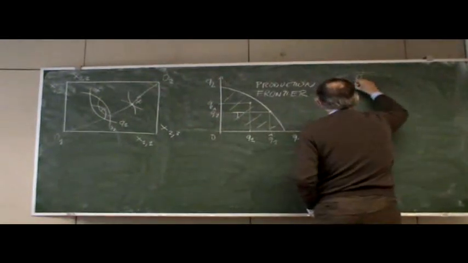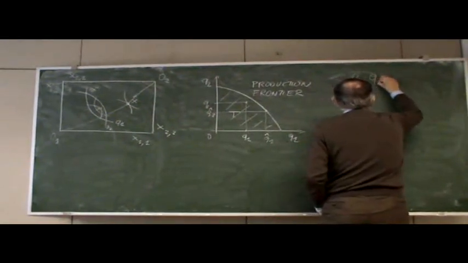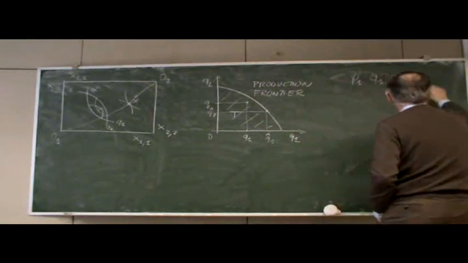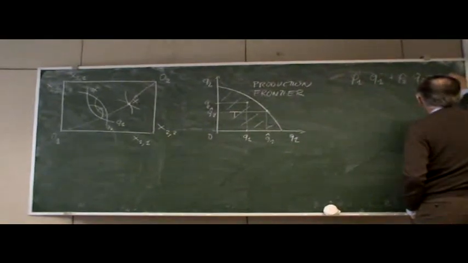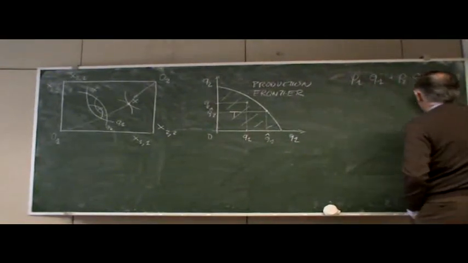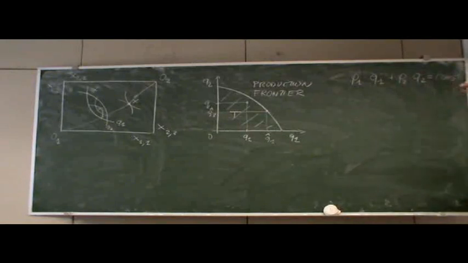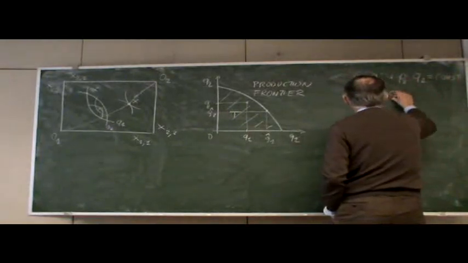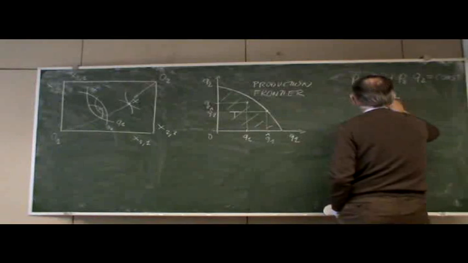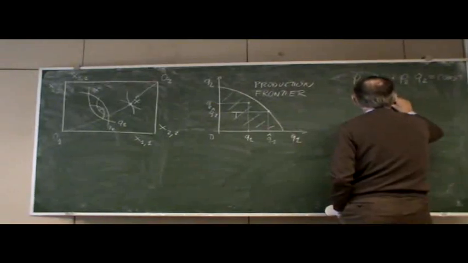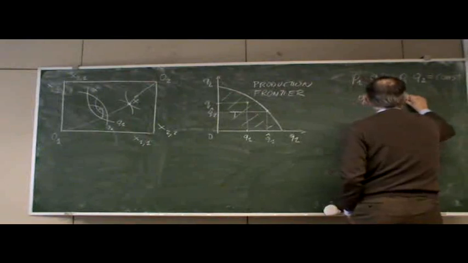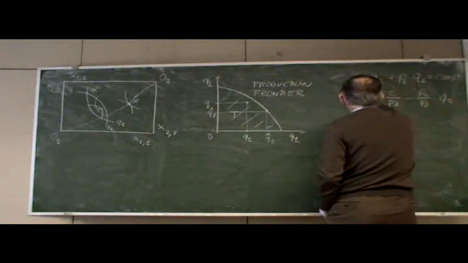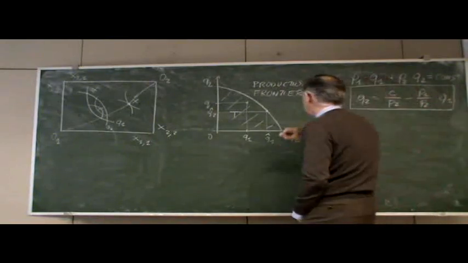We can write simply the total value of production in this way. As usual, if I posit this total value of products equal to any constant C, I obtain the well-known iso-revenue straight line, which can be rewritten in this standard way.